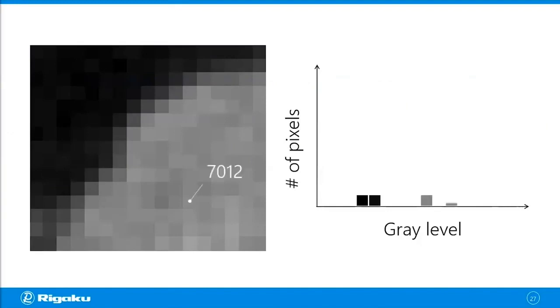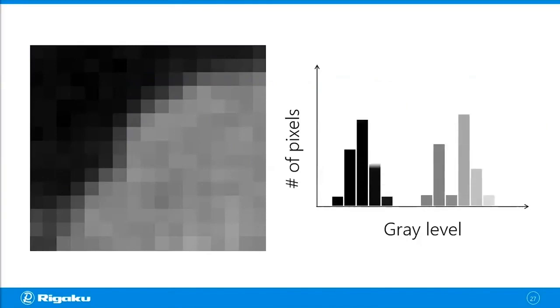You're going to check all those pixels. And eventually, you plot all those gray levels in the same graph. And this is a histogram of this original image. And then when you look at this histogram, you realize that there are 2 peaks. One is for the dark pixels and the one for the lighter pixels.